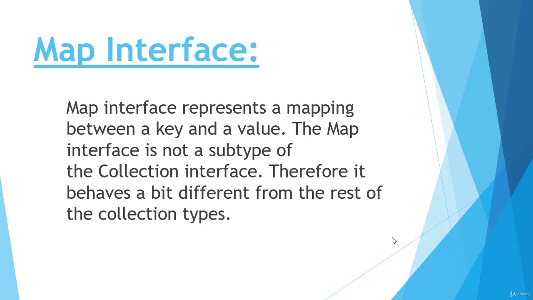Now, the map interface represents a mapping between a key and a value. The map interface is not a subtype of the collection interface, therefore it behaves a bit differently from the rest of the collection types. It basically works on the basis of a key and a value.